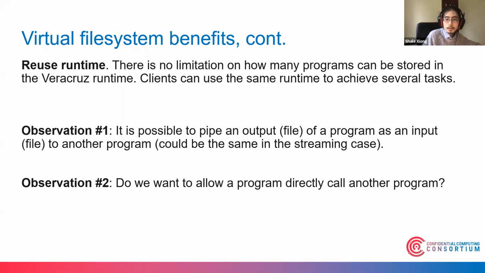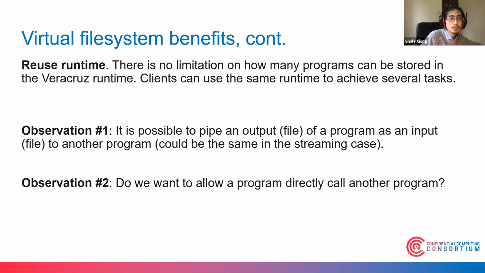However, this also leads to an interesting question: is there an interesting example or application where the programs can be different? Potentially, it could be two confidential parties. They don't want to reveal their programs, but somehow they want to collaborate together. We haven't identified a very promising case here. However, we will support this feature as observation one.